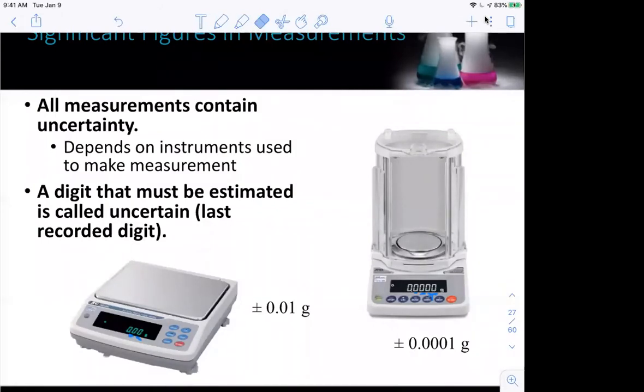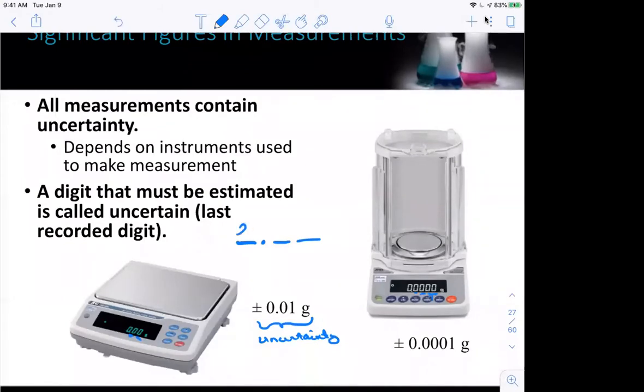This slide shows you two different balances. This balance can be reported to 2 digits after the decimal place, which means this is the uncertainty. The uncertainty in this measurement is plus or minus 0.01 grams.